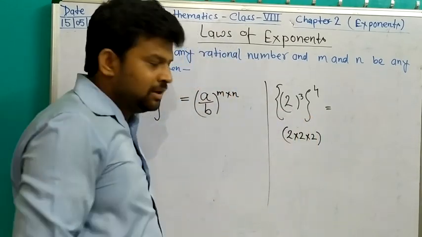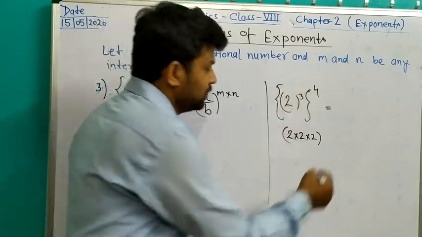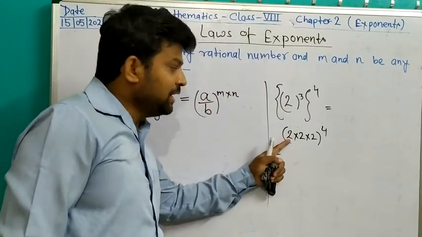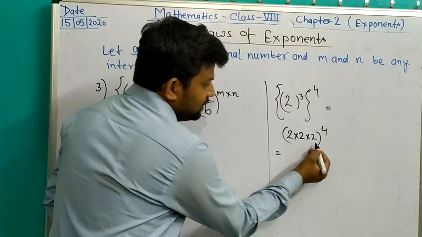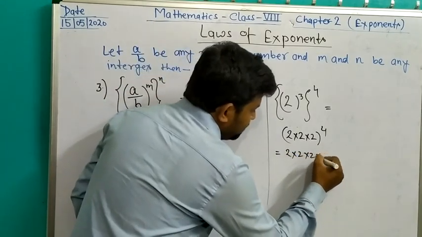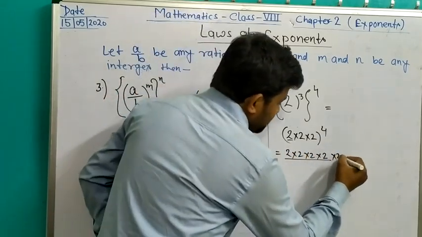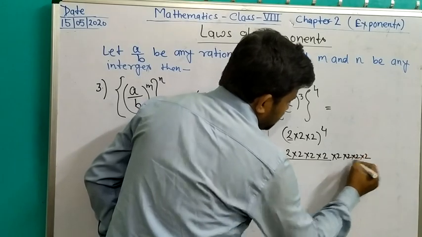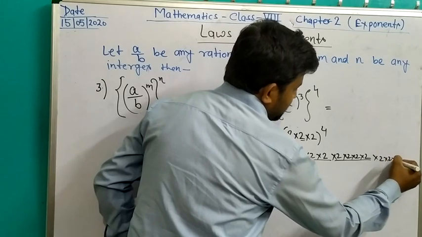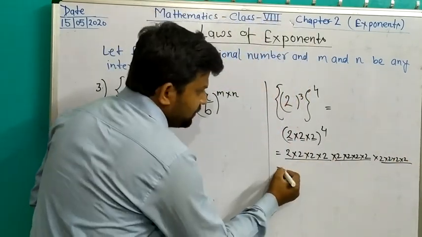But whole to the power 4 means this is multiplied 4 times, and there are three 2s in each. So 2 multiplied by 2 multiplied by 2, 4 times.